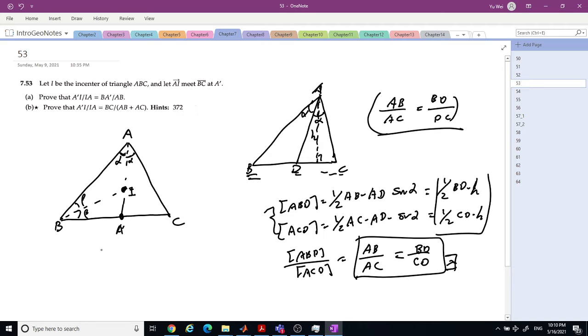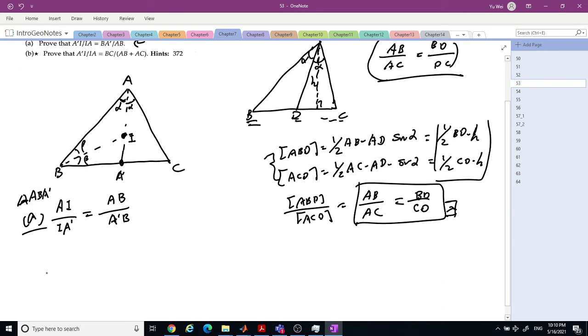So what we have is AI over IA prime, because in triangle ABA prime, it equals AB over A prime B. You invert it, and you can prove it.